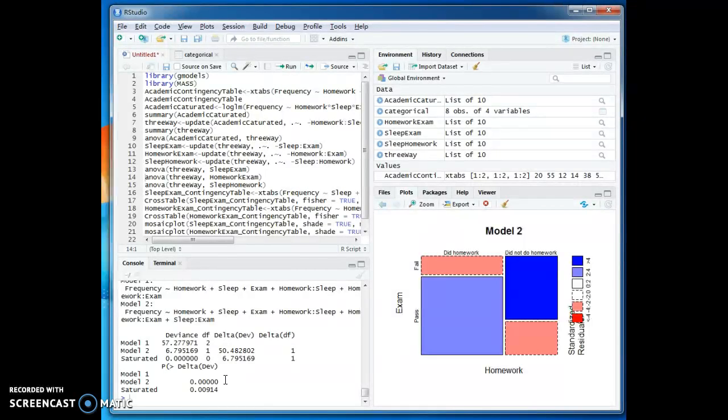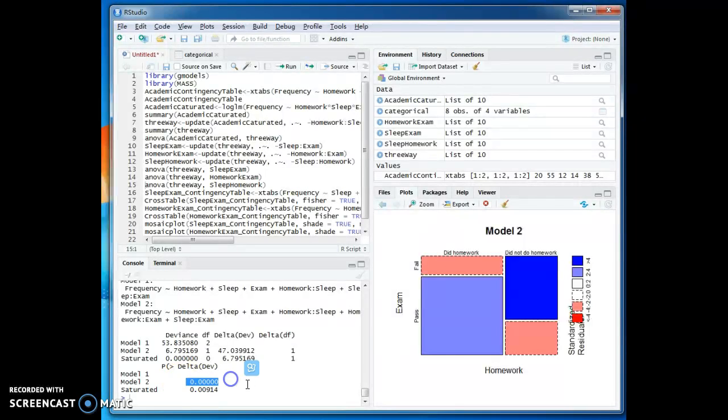So the interaction between sleep and exam is significant. In other words, when we remove the sleep and exam interaction from the model, the fit of the model gets worse. Next, we look at the interaction between homework and exam.